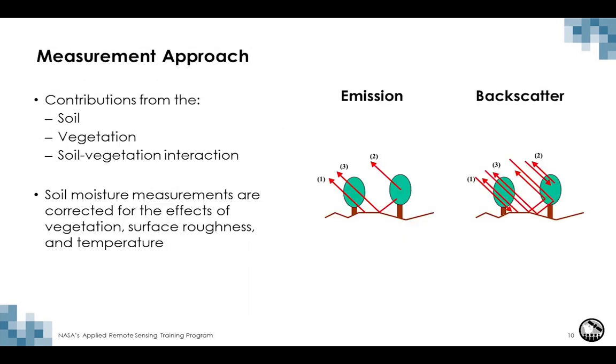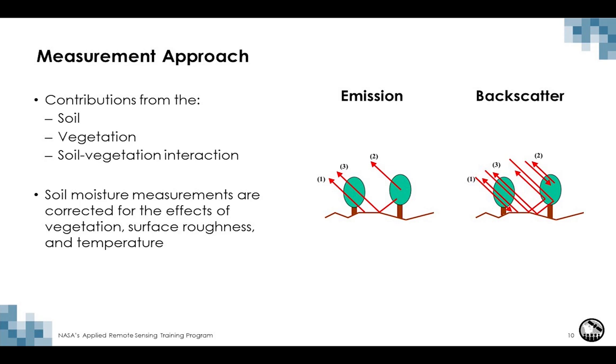So this is a basic overview of the measurement approach. The radiometer measures emissions and the radar measures backscatter from the land surface. So emissions that reach the radiometer come from the following components: the soil only, the vegetation only, and from the vegetation bouncing off the soil and back into the receiver.